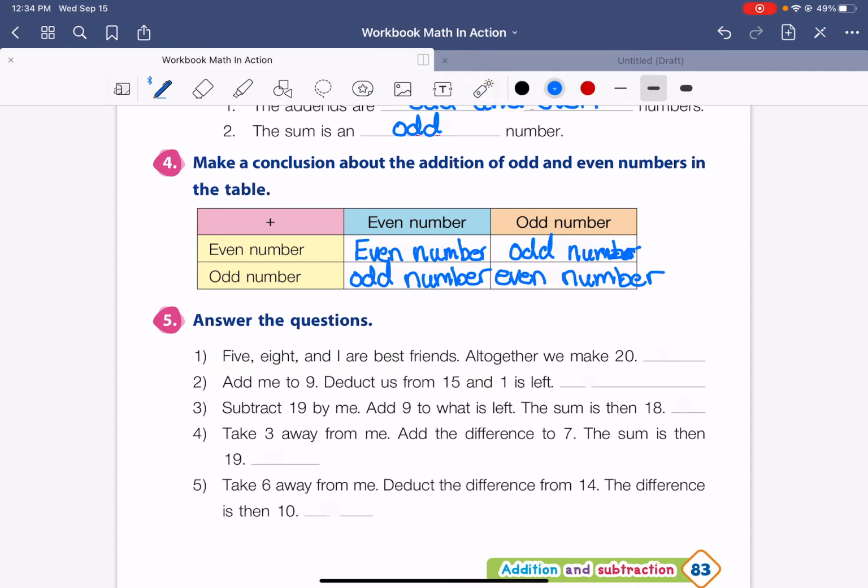It says all together, so we're going to add. 5 plus 8 is 13. 13 plus what equals 20? So the only answer can be 7. 13 plus 7 equals 20.